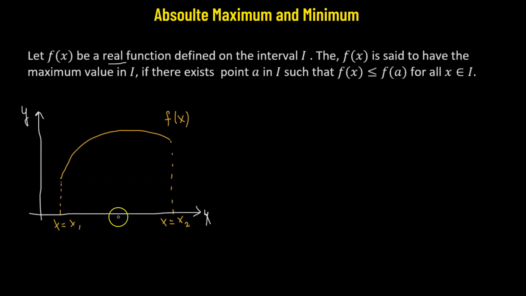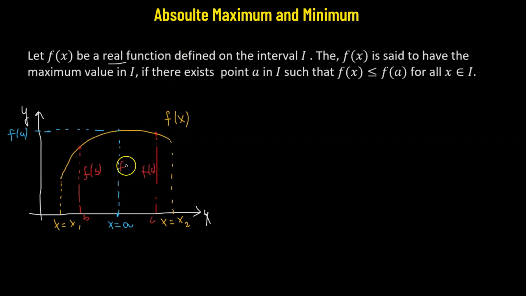That means we are saying that there is a particular value within this interval, x equals a, such that the corresponding value of this curve on the y-axis will be f of a, and this value f of a is going to be greater than all the values of the function within the interval. So if we consider any other point on the curve, let's say this is our f of b, and this is, let's say, the point x equals c, so this will be f of c.